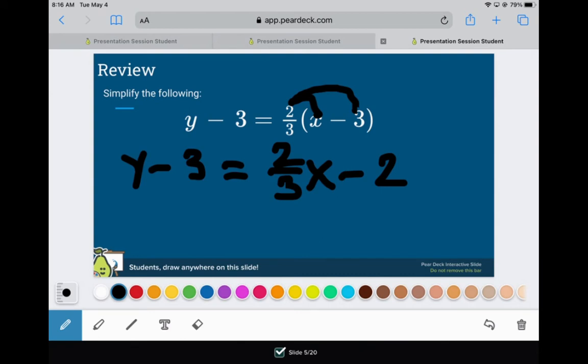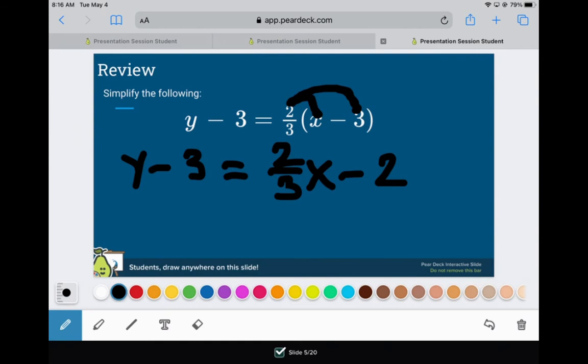Okay, so after I do distribution, first step, I can distribute. So now I have y minus 3 equals 2/3 x minus 2. Now, what is the next step that I can do? There's one more step that I can do, and I'm seeing most of you have it in here.